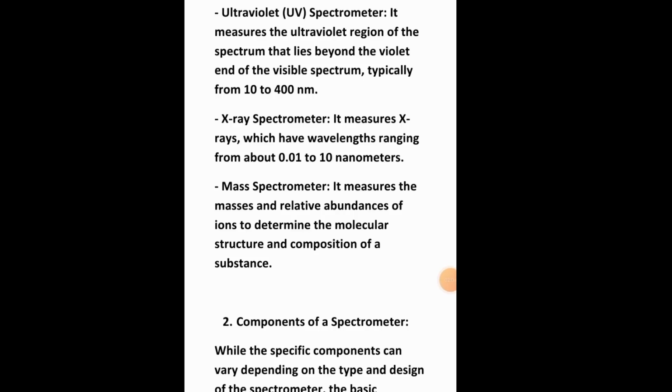Mass spectrometers measure the masses and relative abundances of ions to determine the molecular structure and composition of substances.